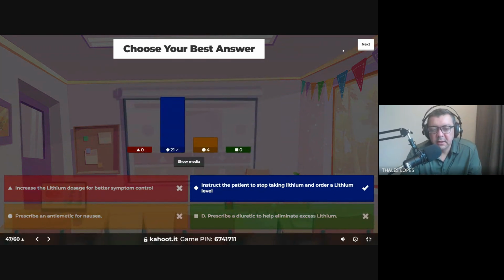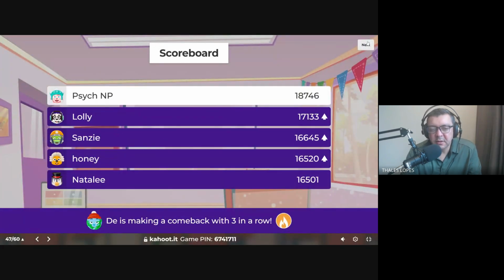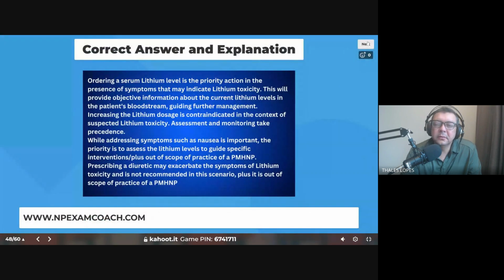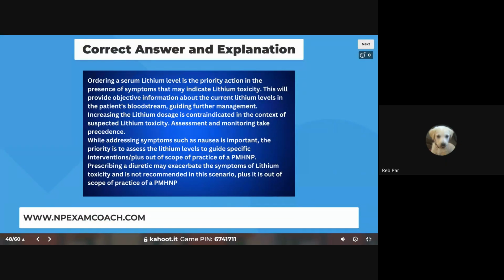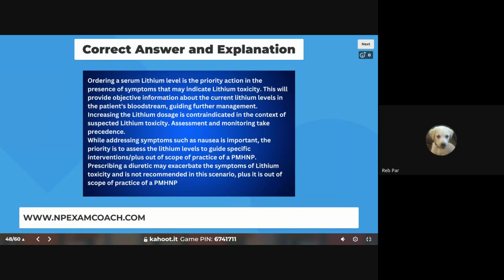All right. So instructing the patient to stop taking lithium in the order and lithium level would be the best option. But again, they didn't have coarse hand tremors. They didn't have severe nausea and vomiting. They didn't have toxicity symptoms. Well, I wish I could go back to the question. I saved it. It was persistent.